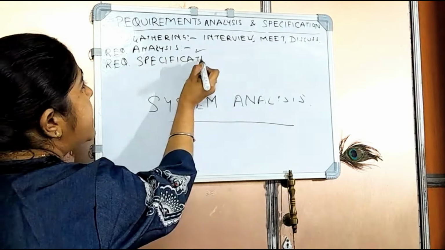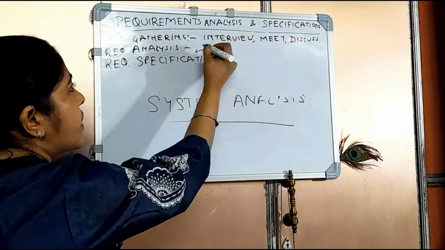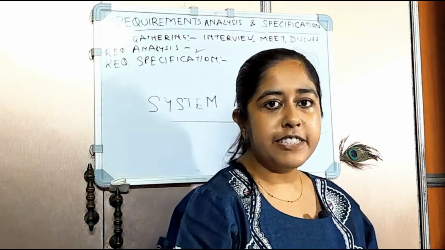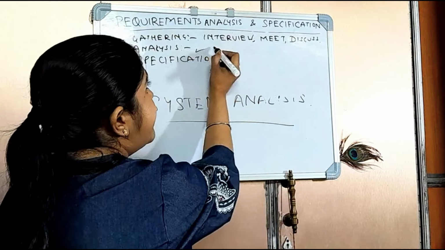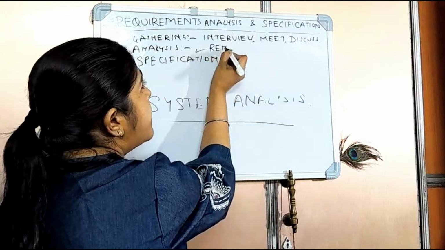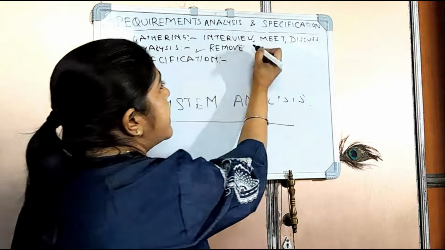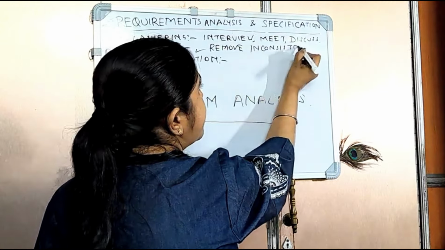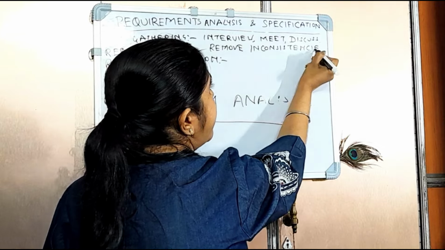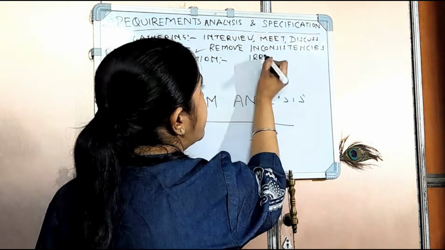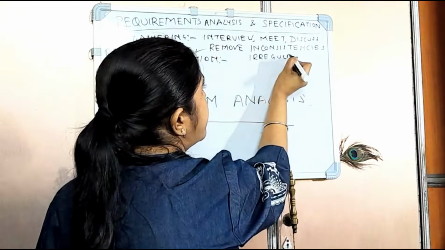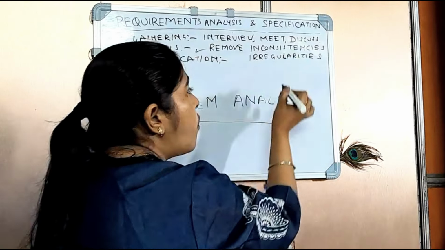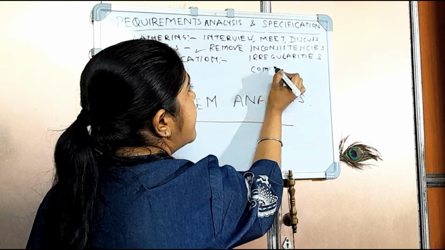Mainly what happens in these two phases? Gathering is okay. Then what happens in analysis? One more thing the system analysts do is remove all the inconsistencies, the irregularities, and make the whole thing complete.